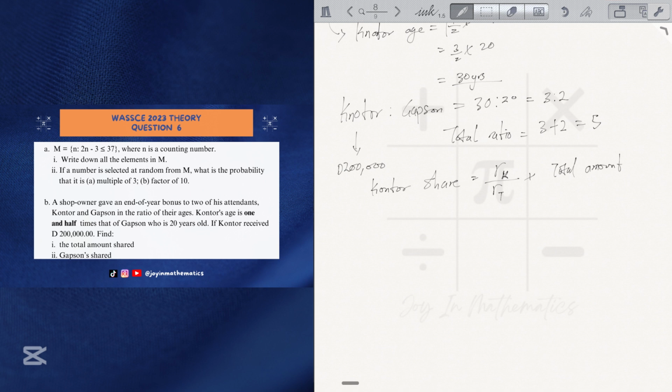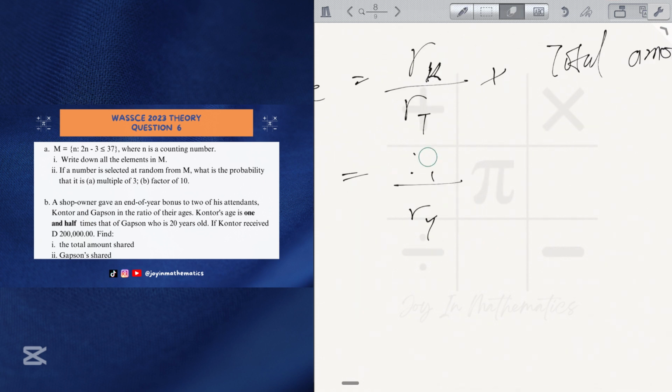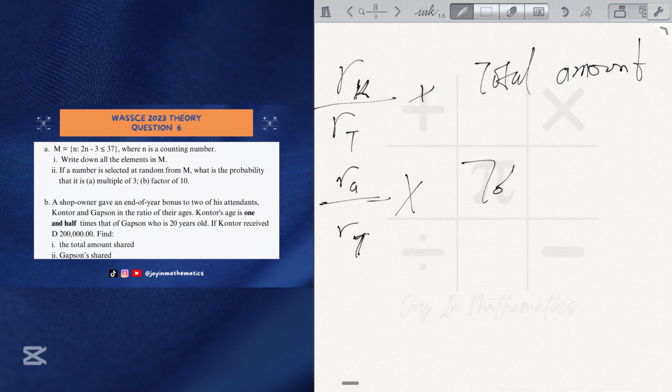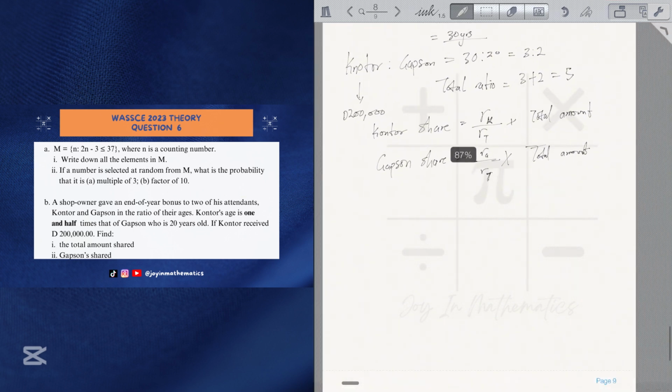And similarly, Gapson's share is equal to the ratio of Gapson, RG, divided by the total ratio, RT, multiplied by the total amount. So in view of this now, let's focus on the question.